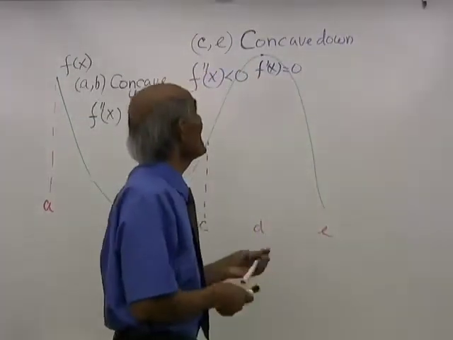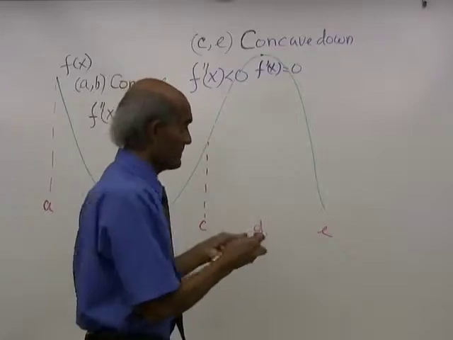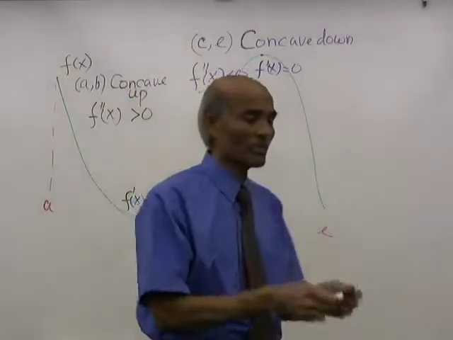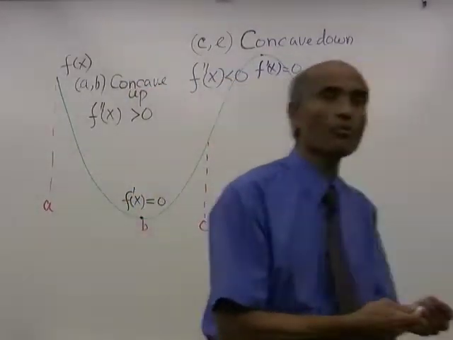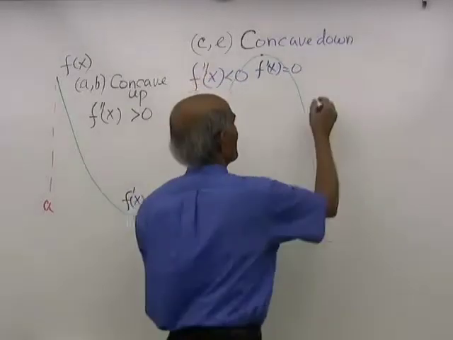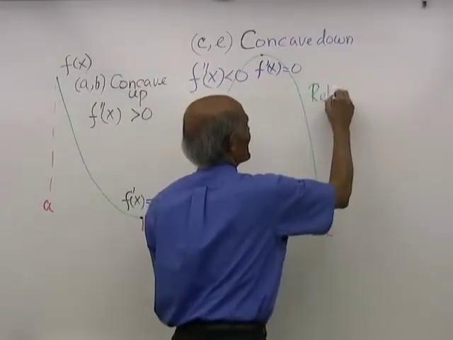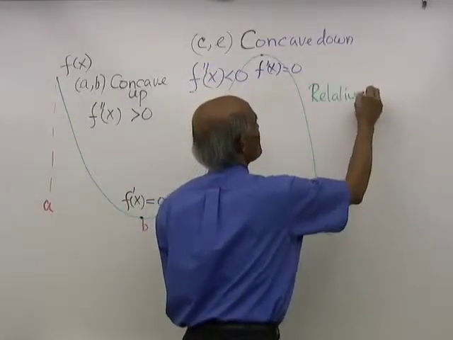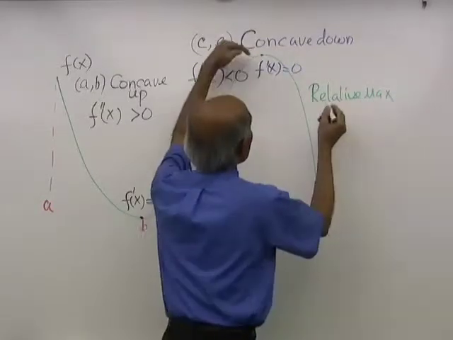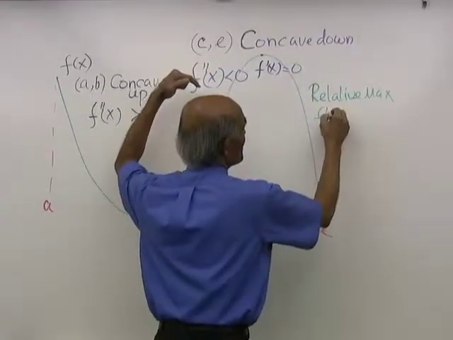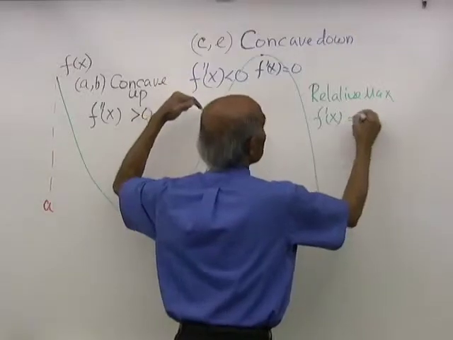Where do we get a relative maximum? A relative maximum occurs at what kind of a point? We get a relative maximum at a point where the first derivative is 0.